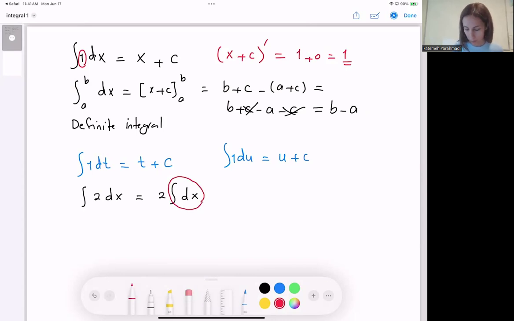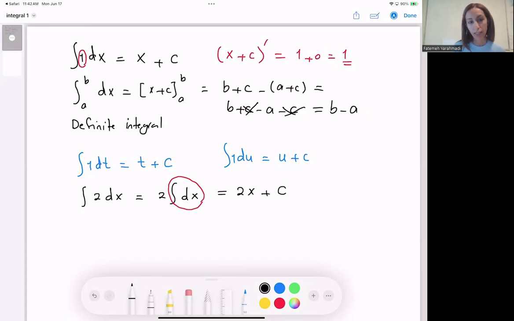This is basically equal to 2x plus, you might say, hey, I can distribute 2 into parentheses and I can write it as 2c. But 2c is another constant. It's another value that is fixed. So call it c.